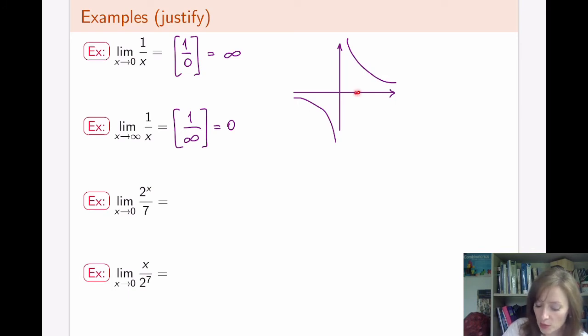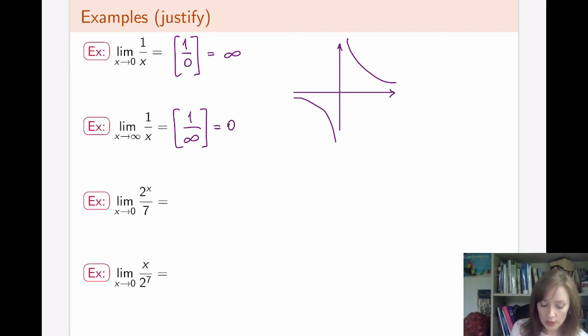So if I'm approaching, let's say, from the right, the closer I get to 0, the higher my graph climbs. So the closer I get to infinity on that side. On the other hand, if I approach infinity, so that means that I keep going further and further along the x-axis, the closer and closer to the x-axis my number is going to become. If I divide by 1,000 and then 10,000, a million, 10 million, the smaller my outcome is going to be.